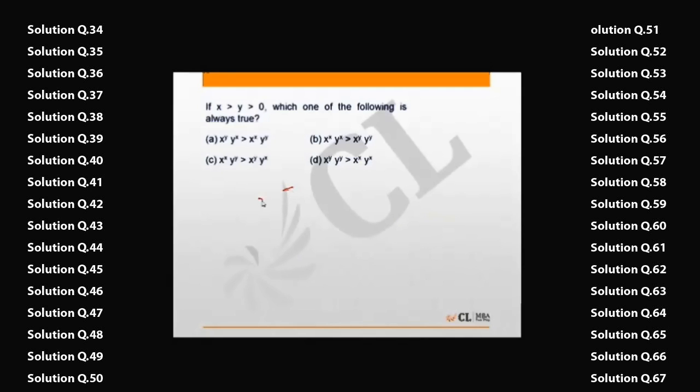Now we have x greater than y greater than 0. And we know that the expression that we are going to get will be something of the form x by y to the power of either x minus y or y minus x. So if I take y minus x, we know that what is inside this is greater than 1, but y minus x is less than 0, hence you will find that this will be less than 1.